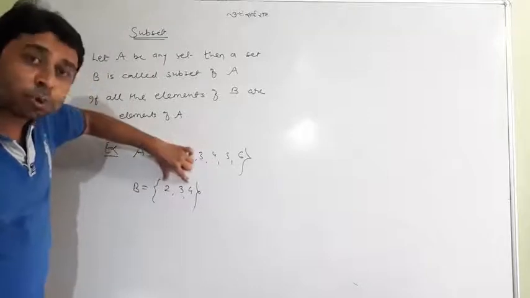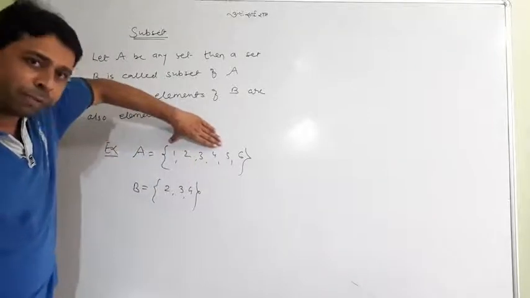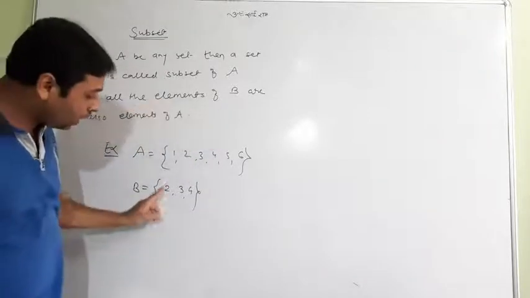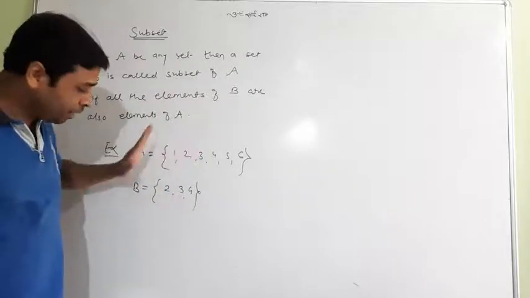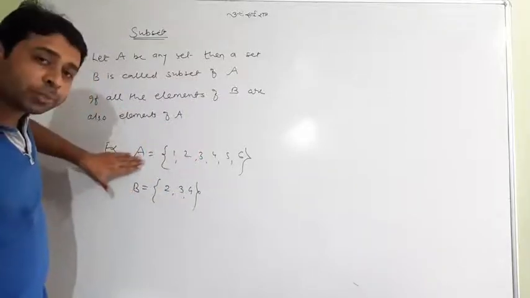Meaning B is a small set, A will definitely be a big set. All elements of B appear in A. This time B is called a subset of A.